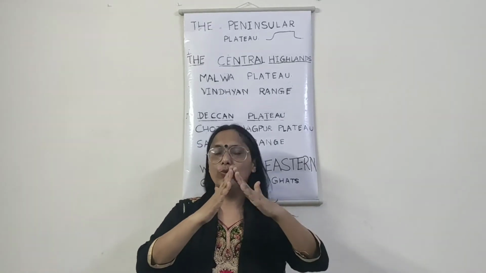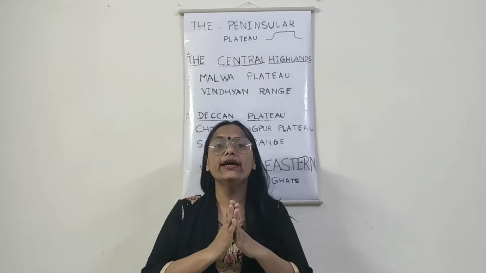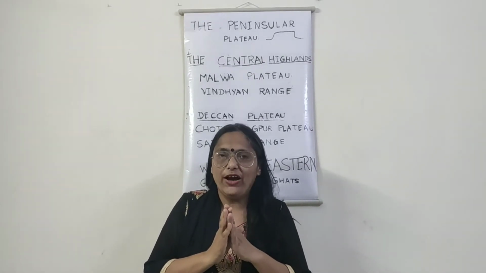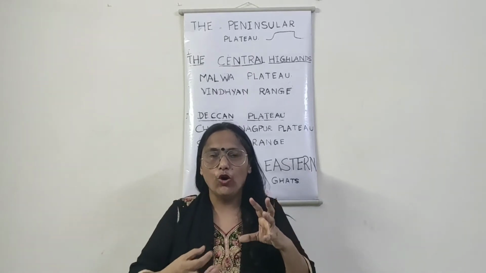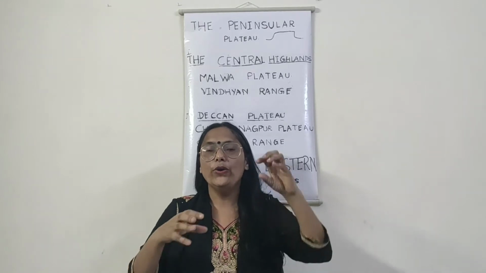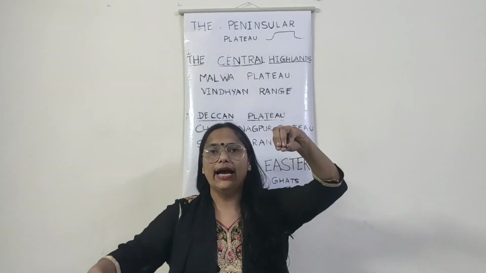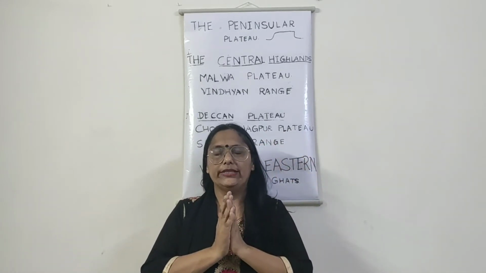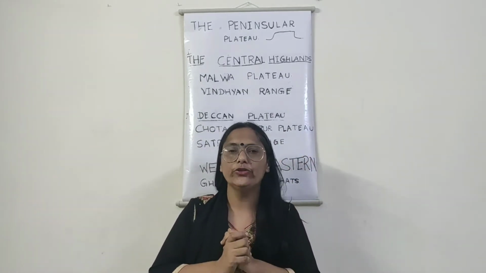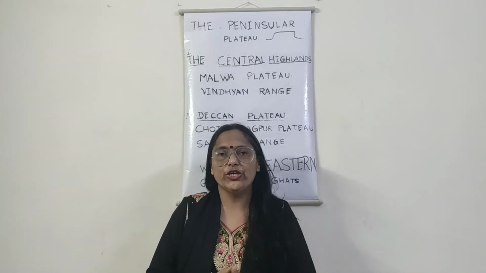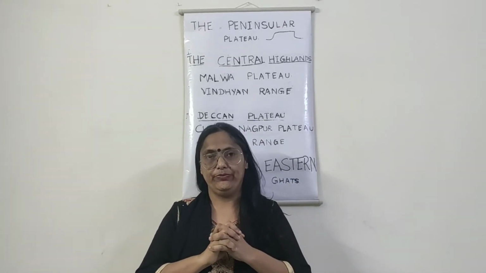Because they are covered with snow, and since they are covered with snow, the water keeps on flowing 24/7 with the sun rays. From the Gangotri glacier, the emergence of Ganga. From the Yamunotri glacier, the emergence of Yamuna.